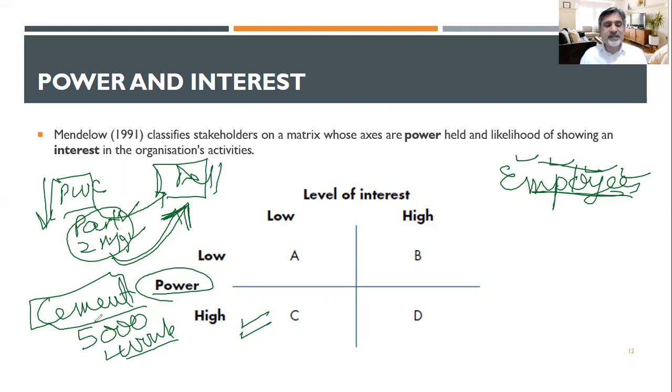But individually, these workers probably do not have any power at all. They can be replaced very easily. Even if you have 5,000 employees, 10 employees will go, 10 you will bring in. These are the people who work on the machines. So your business model does not depend on the employee.